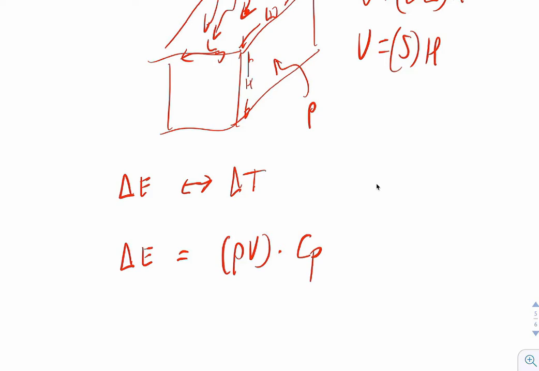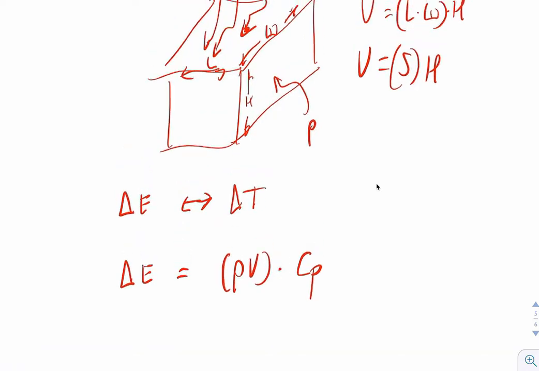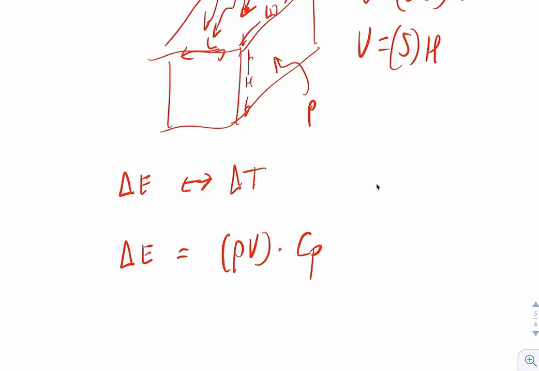That's your Cp. So delta E equals rho V Cp delta T. This is our fundamental energy balance.